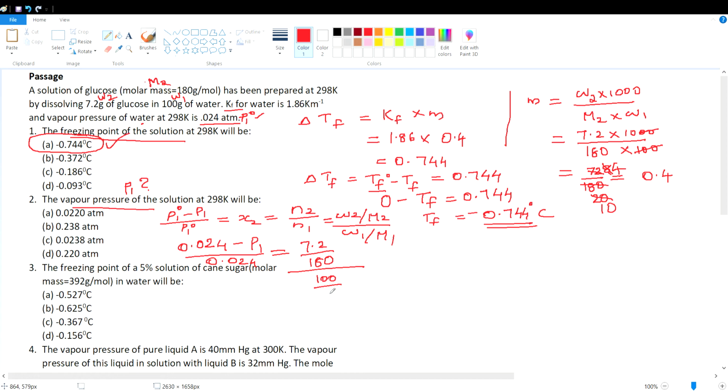What is molar mass of water? 18. We will get it as 7.2 divided by 180 into 18 by 100.